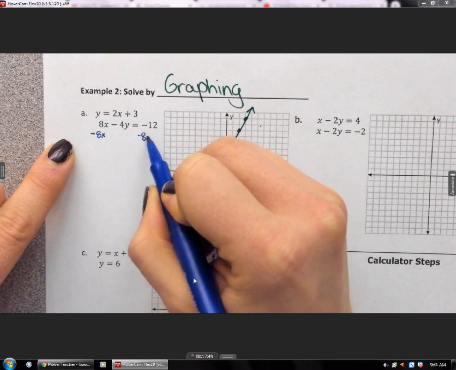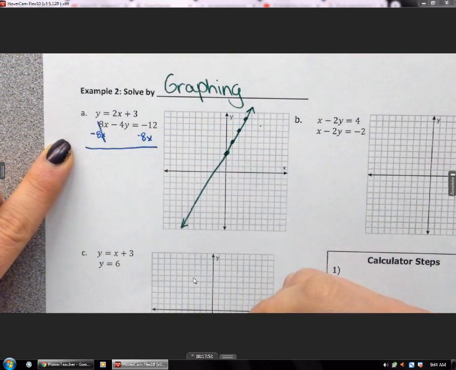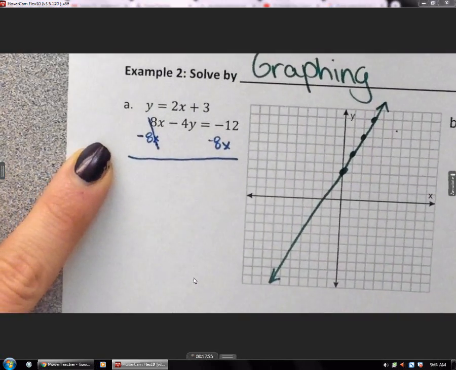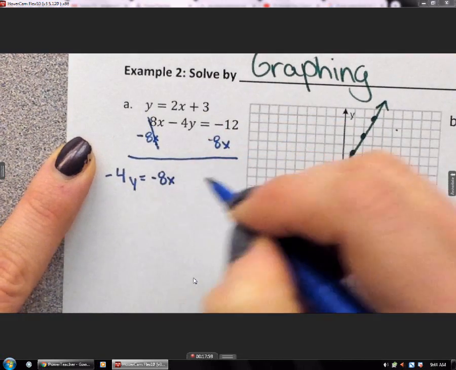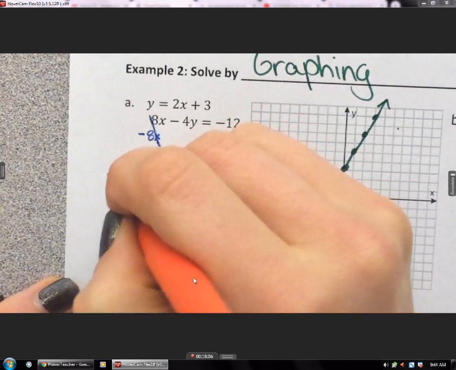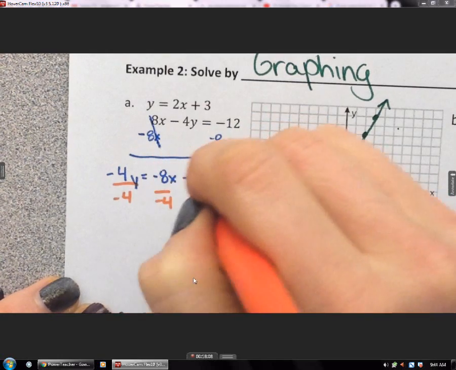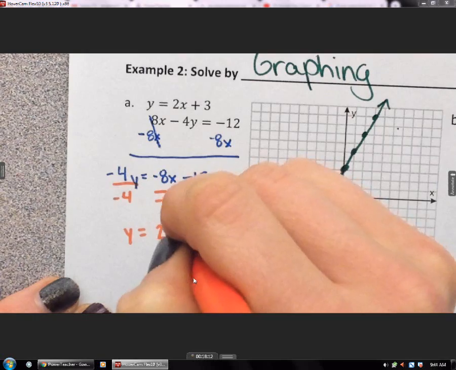Minus 8x. So I get negative 4y equals negative 8x minus 12. Divide by negative 4. So I get y equals 2x plus 3.